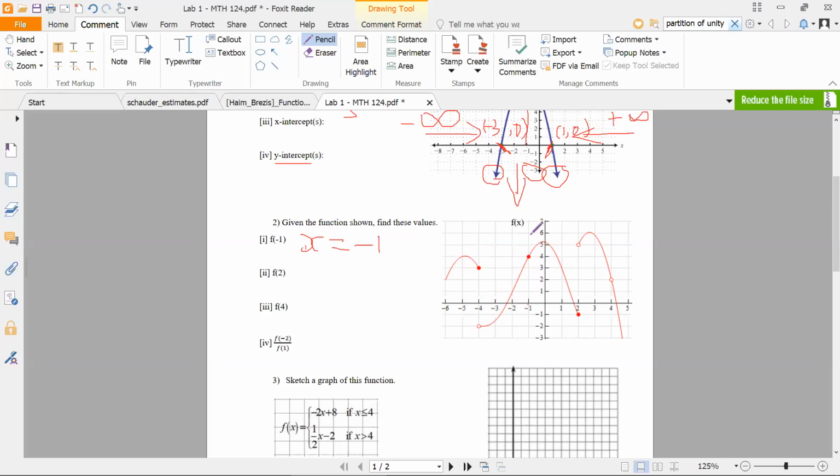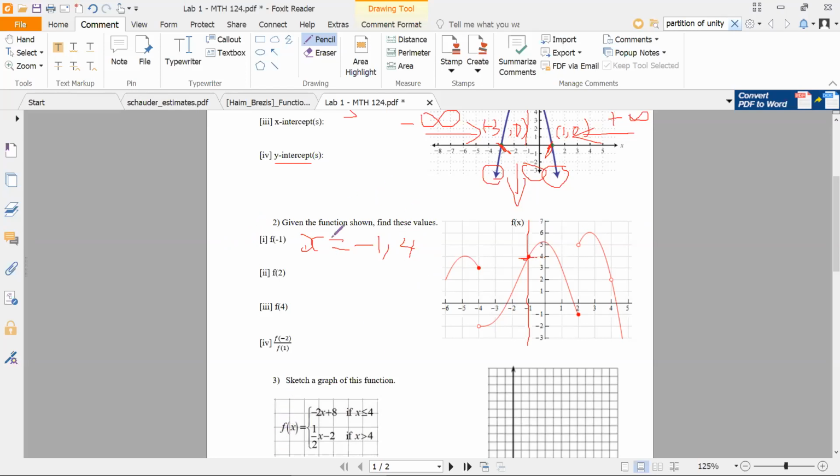The way to do it is you draw a vertical line parallel to the y-axis and passing through the point -1, and you look at the intersection. The intersection is right here, and then you project it on the y-axis. You can see this is the value 4. That means f(-1) is actually 4. So this is the first value.